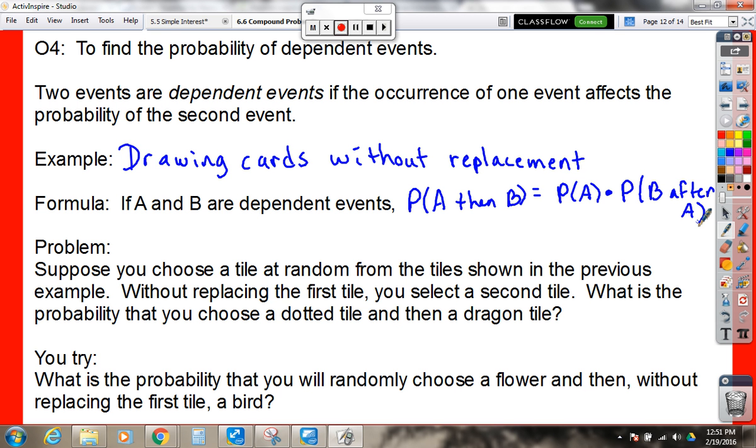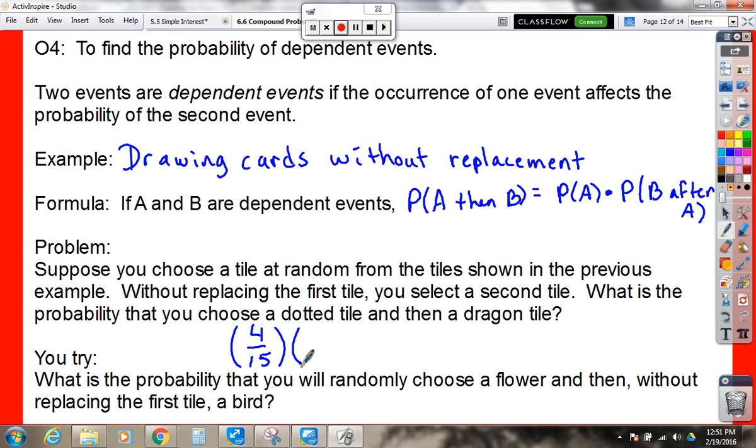First of all, what's the probability that you're going to choose a dotted tile? Kira, looking at that picture of the Mahjong tiles, how many of them are dotted? 4 out of how many are there? Good. So that first probability is 4 out of 15. Now, if we pick that dotted tile and we don't put it back, how many tiles are there on the board now? 14.